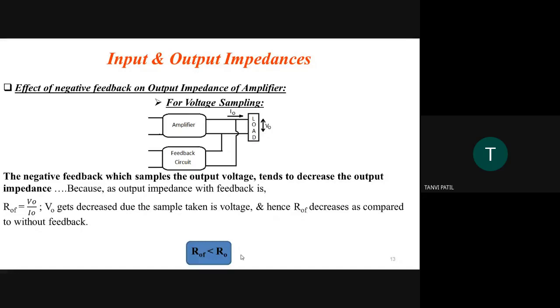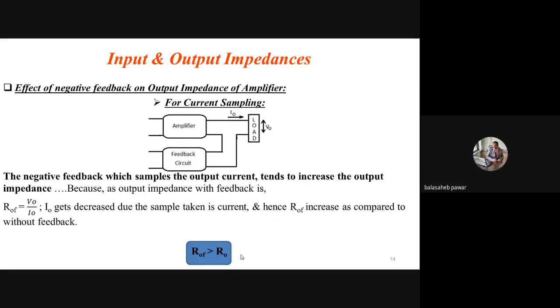Yes, sir. Okay, now we'll switch to the condition of current type of sampling. Again it is related to the output side. We are studying the output impedance and the effect on it due to negative feedback. You will observe I wrote that formula as it is, ROF equals VO by IO, right? If the sample taken is current, that's why we are calling it current sampling. Now it is connected in series to the load, that means we are taking the sample as a current.